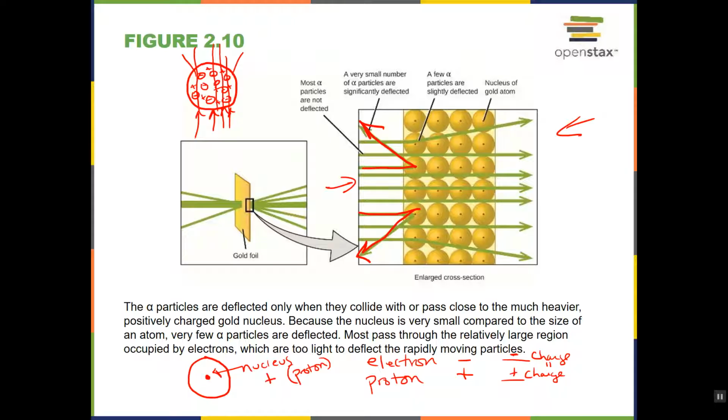So if these two are equal to each other, then that should account for everything. Oh, and they knew the mass, right? Remember, they were able to calculate the charge-mass ratio in Millikan's oil drop experiment. He was able to figure out the charge, so they were able to figure out the mass of the electron. So ultimately, they're able to calculate out the mass of the proton.